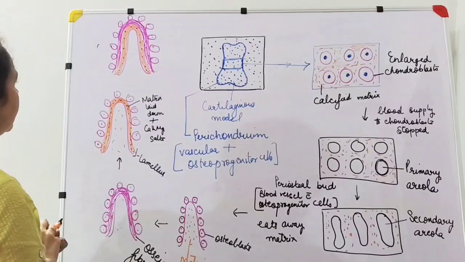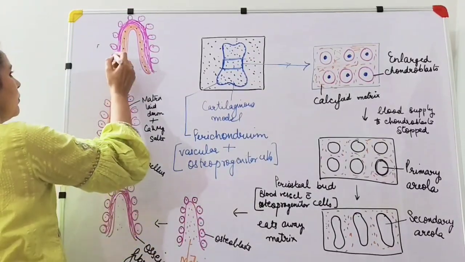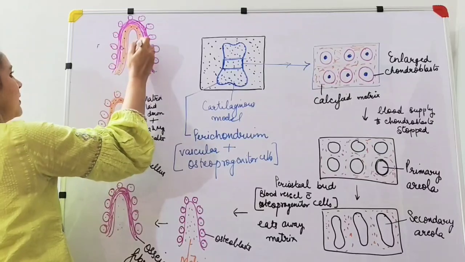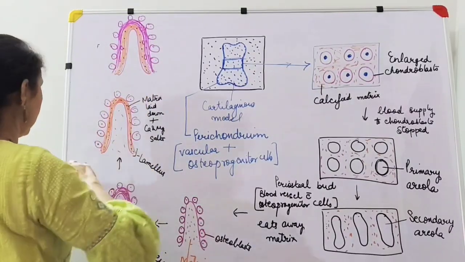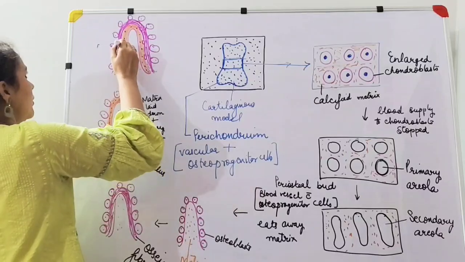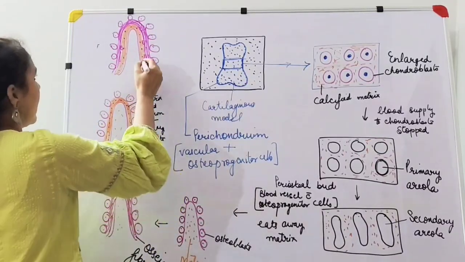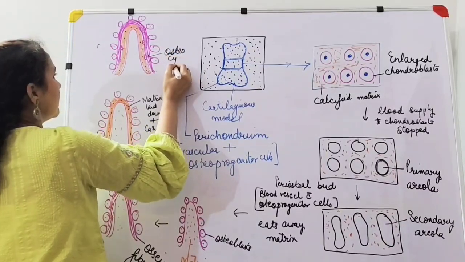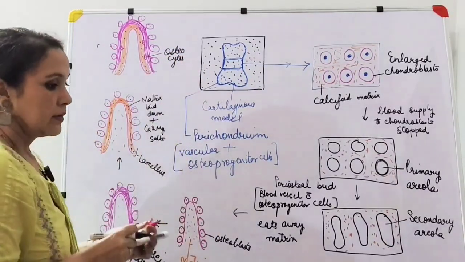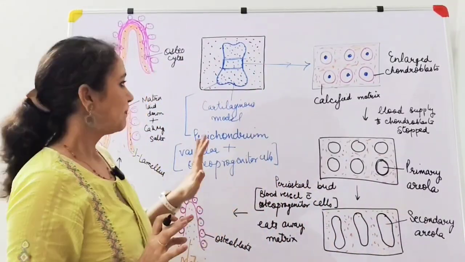And a few of them, while moving away, get trapped inside between the two lamellae and they become mature, lose the power to divide, and we call them osteocytes. So this is all about the endochondral ossification.